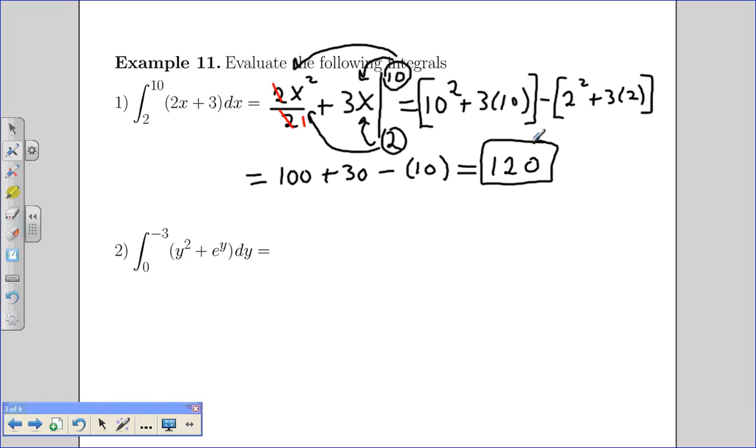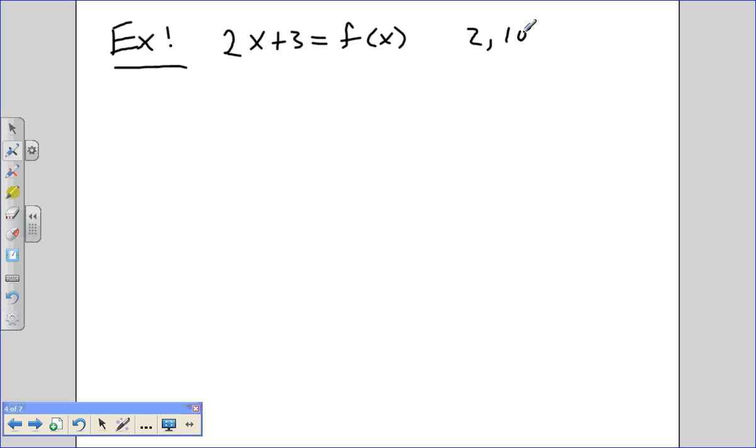I'm going to draw that as a picture. This is still example 1. So if you take 2x plus 3 from 2 to 10, now you don't have to do this every time. I'm just doing this to illustrate what we just did. So let's see, 2 and let's say 10.